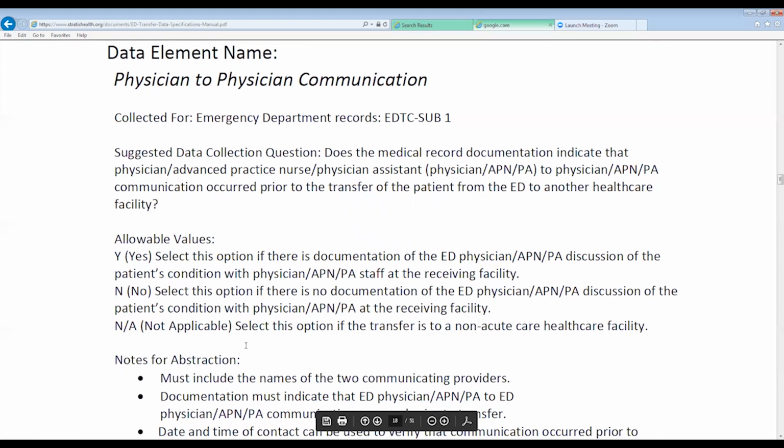We do not expect that if your patient is transferred or discharged to a nursing home, or a skilled nursing facility, or any of those listed under other healthcare facilities, there's going to be physician communication. There might be, and that's great, but if there isn't, this is only applicable to being transferred to another acute care facility.